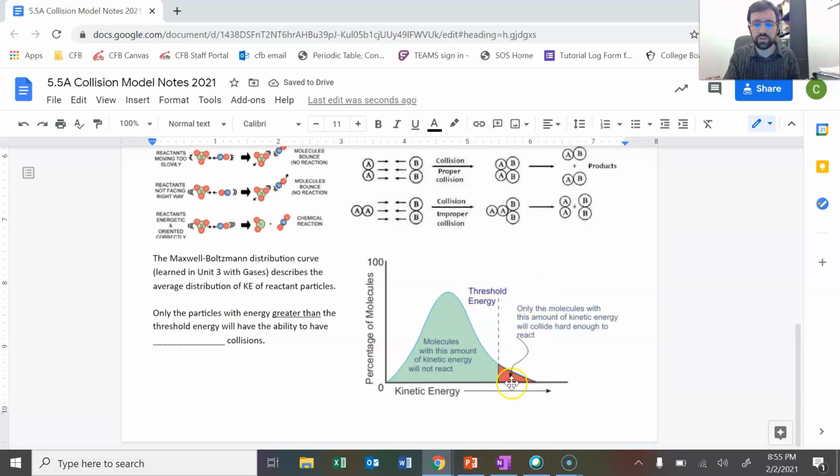See that threshold energy? That's the energy that's required for a reaction to occur. So only particles with energy that is greater, further to the right, than the threshold energy will have the ability to have successful collisions. And that's this little red section here. Those are the only molecules that have enough energy to collide hard enough to react.